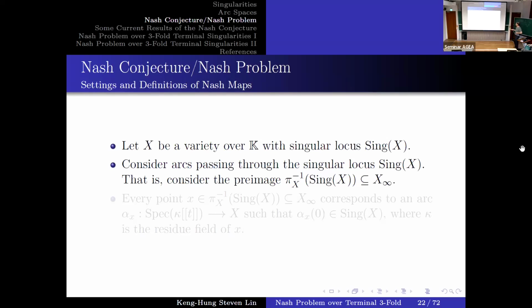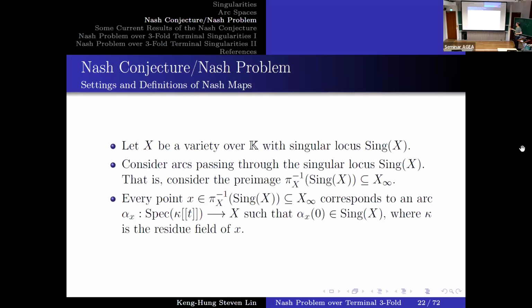Scheme theoretically, for every arc, from the fundamental point of view, we can treat it as a morphism from the spec of the residue field K((t)) ... K[[t]] to X, such that the closed point of Spec K[[t]] maps to the singular locus.